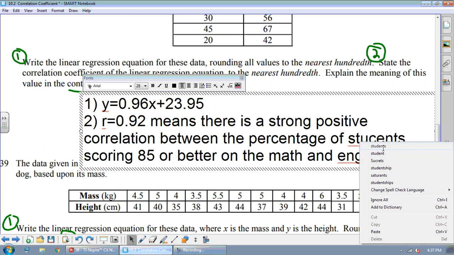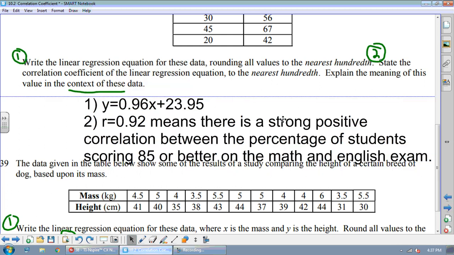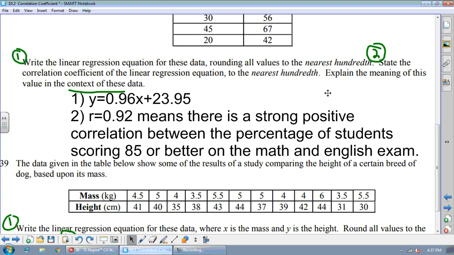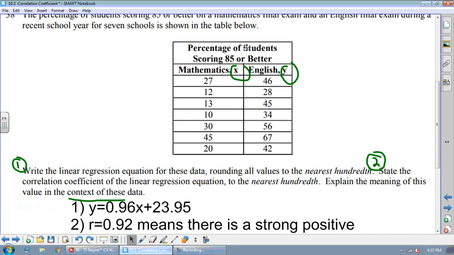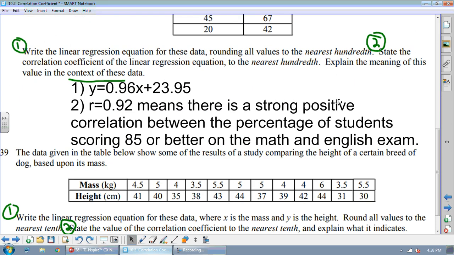Yes, I know students is spelled wrong. So there's a strong positive correlation between the percentage of students scoring 85 or better on the math and English exam. I can take it right off of the table, what the data is talking about.